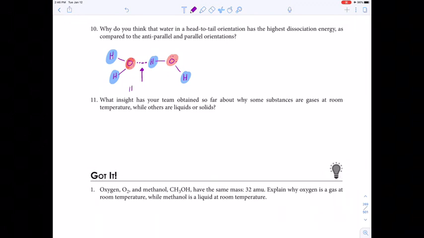If you flip back a couple pages, you'll see that hydrogen bonding is possible here. Okay, so in head-to-tail orientation of water, we can have hydrogen bonding, which is a strong molecular attraction. And that's not possible, or as possible, with the anti-parallel and the parallel orientations.